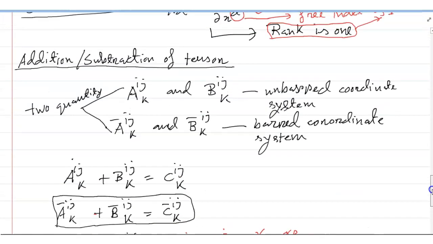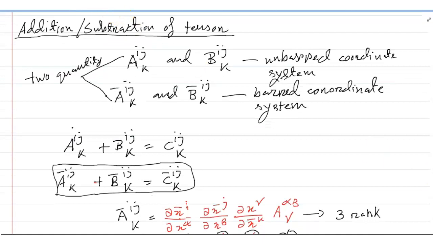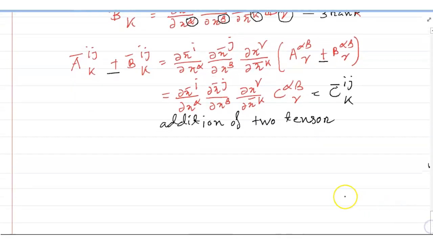In case of subtraction it is minus. So this is the total procedure, addition and subtraction of two tensors.